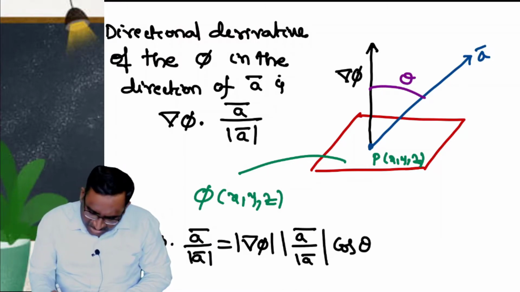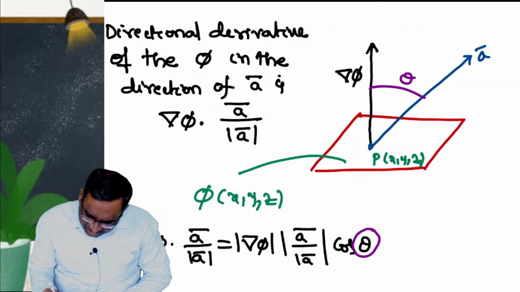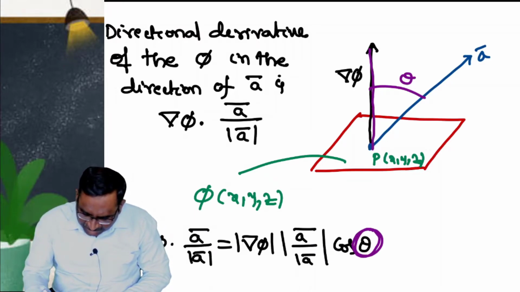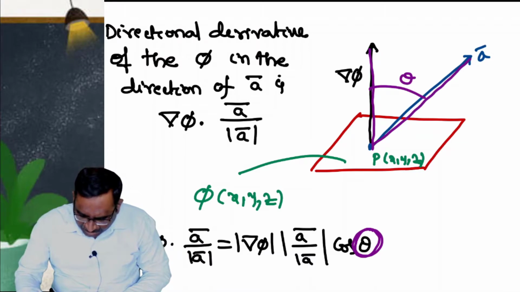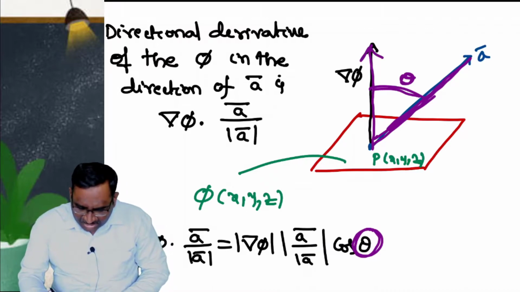Theta is the angle between the normal del phi and the vector A bar.